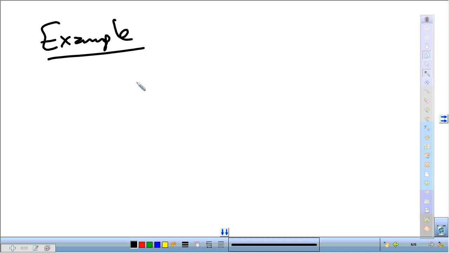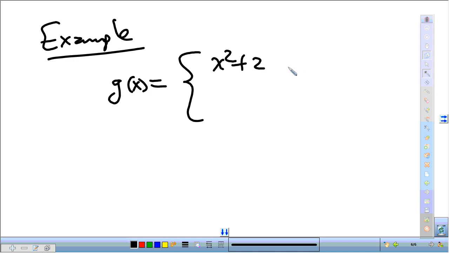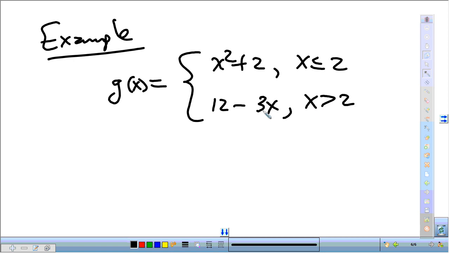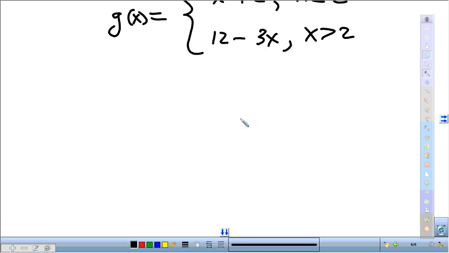Now, let's look at another example. G of x defined on 2 different intervals or pieces. X squared plus 2 if we stay less than or equal to 2. Change the definition if x is bigger than 2, in that case 12 minus 3x. So, away from 2, it's simply evaluate one or the other of the pieces. Let's investigate the splice again.